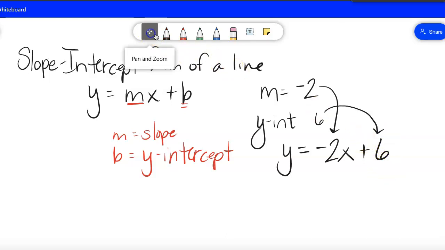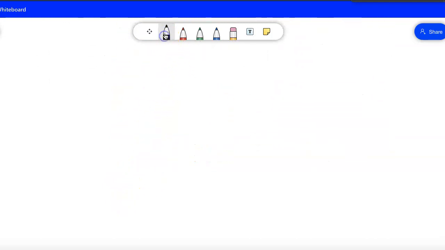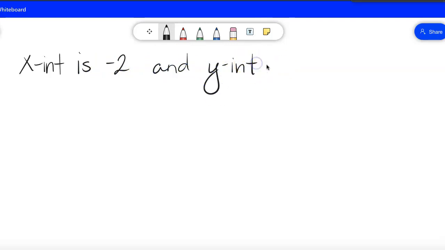Now, unfortunately, they don't usually give us that information, so it's not always that easy. In your homework, they gave you problems like: what if the x-intercept is -2 and the y-intercept is 5?